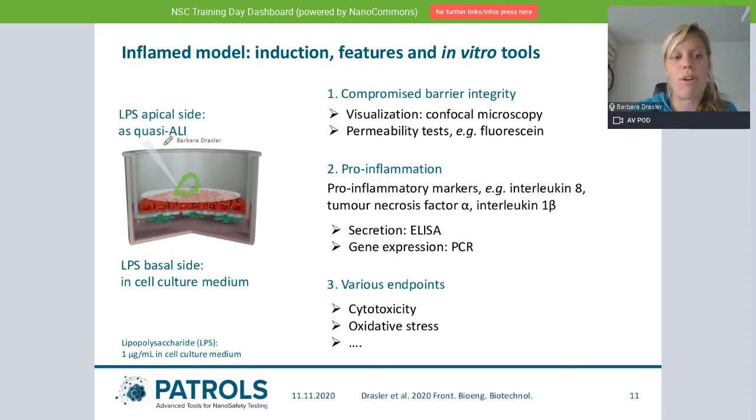Inducing inflammation with LPS this way comes in very handy when we want to test some therapeutics that we would deliver in a medium, to resemble a therapeutic being delivered from circulation systemically, because we would like to avoid a contact or possible interference between a stimulus and the investigated compound. On the other side, when we apply LPS from the basal side in the medium, this comes in handy when we're testing, for example, respiratory hazard of materials, which we're interested in today.